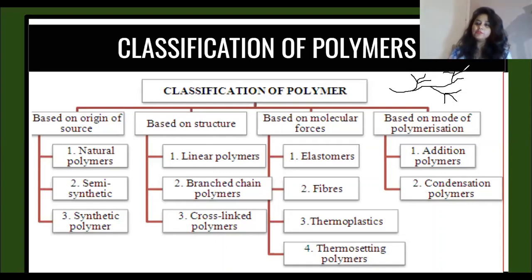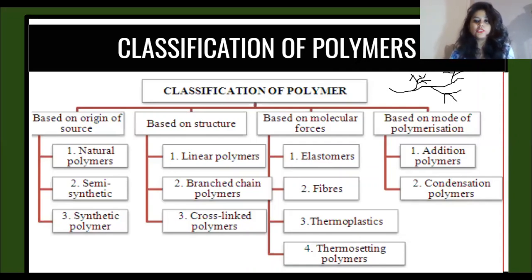This is exactly the same structure as branched chain polymers, as in we have one single polymeric chain which develops multiple chains over it. Branched chain polymers will have low tensile strength, low density, and low melting and boiling points. Why? Because if I want to break the entire thing, I have to break this one, then this one, then this chain, and then I can move on to the final chain.